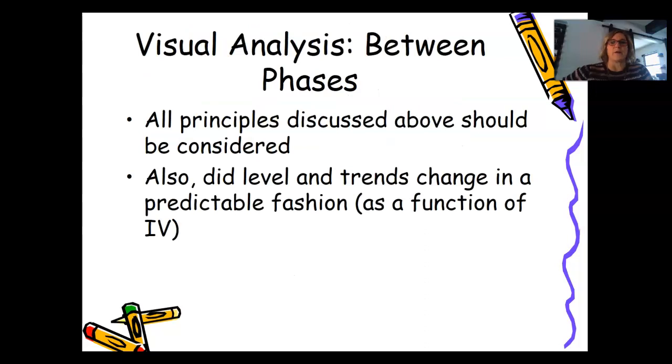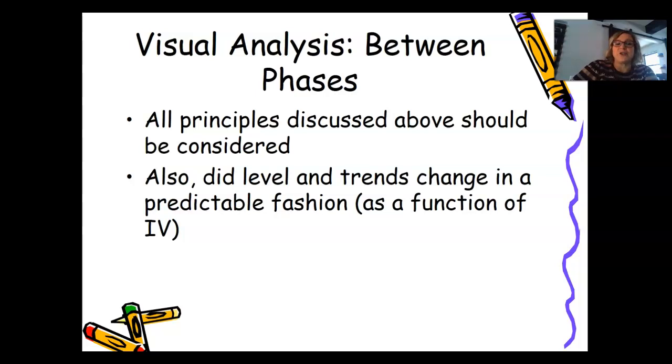And we'll talk about that in a minute. Right now, between phases, you're going to look at those three things. You're going to look at level, trend, and variability, but you're also going to look at how much change you saw in level and trend based on the implementation of the intervention.